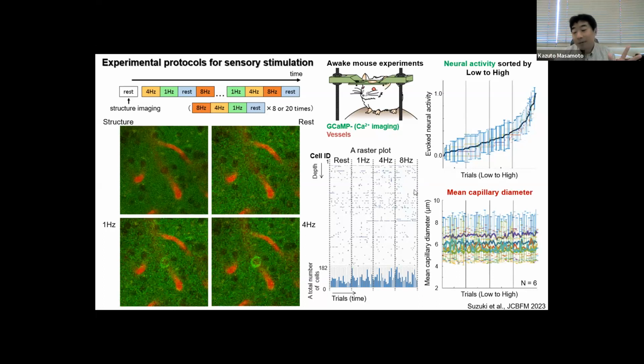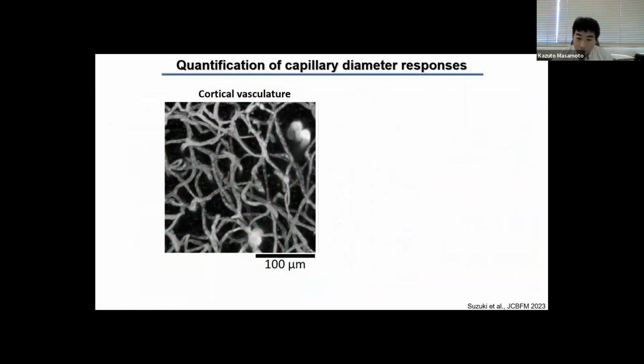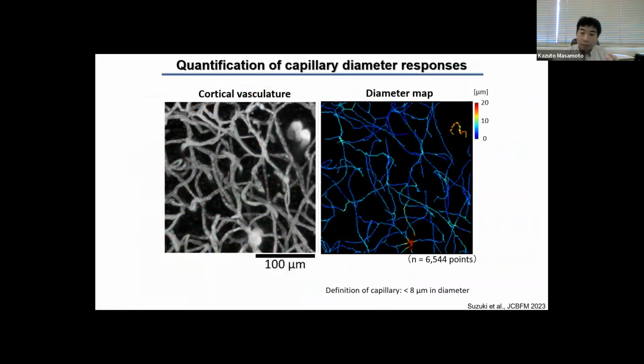If you look at this, some capillaries may dilate and some may constrict, and all together we included them. That also means the capillary change is almost very small. So we need to clarify and differentiate which capillaries dilate and which constrict, on a capillary basis.